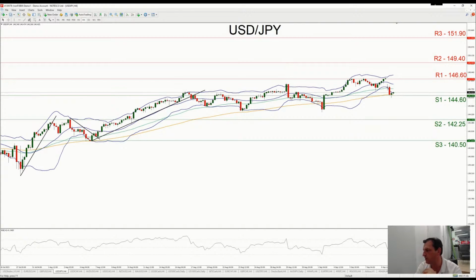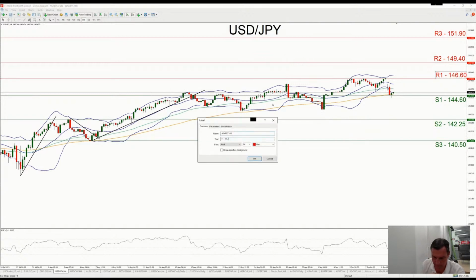Guys, I'm sorry, we're going to have to readjust the chart as we had a recalibration on the R1. The R1 now is being placed at 147.80. Here you go.